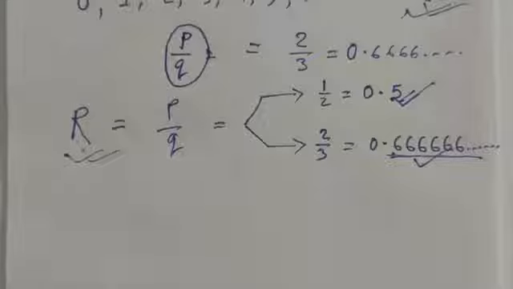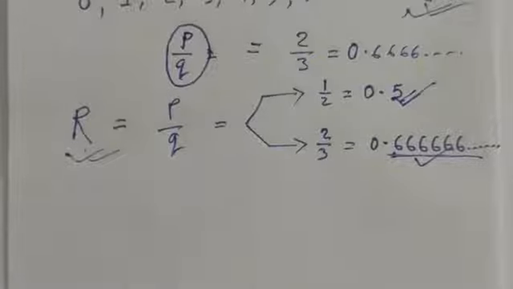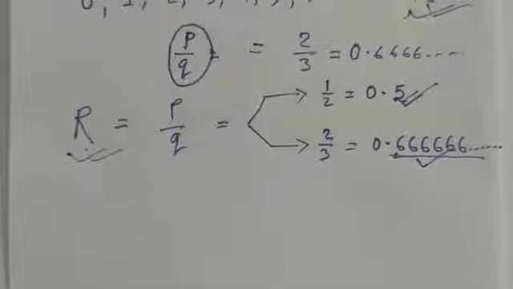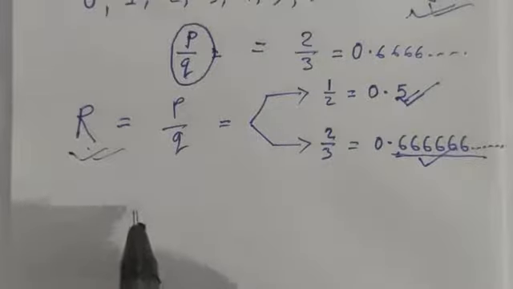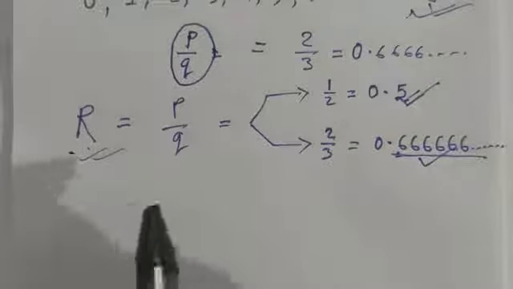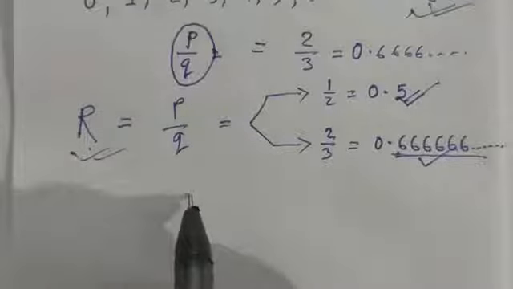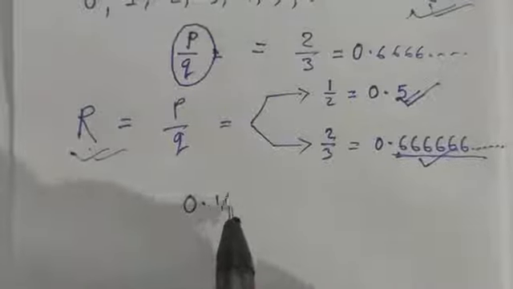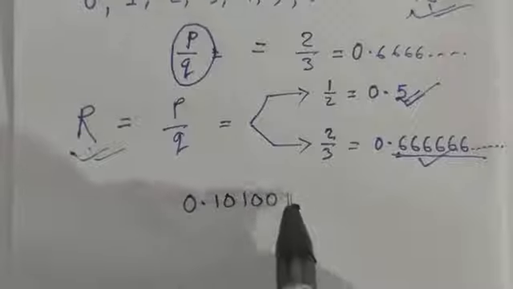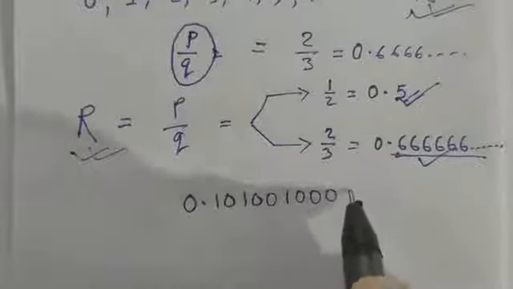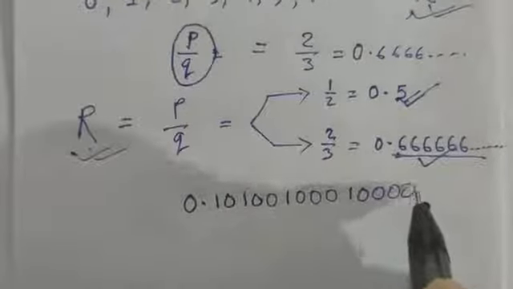There are certain numbers whose decimal expansions are neither terminating nor repeating. Say for example 0.10, then 100, then 1000, then 10000, and so on.